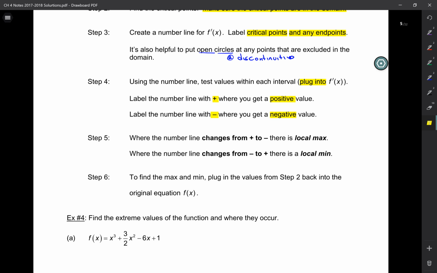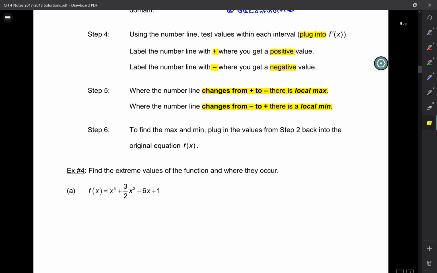So if something changes from a plus to a minus, from increasing to decreasing, there is a maximum there. If it changes from minus to plus, there is a minimum there. To find the actual max and min, plug the values back into the original equation.